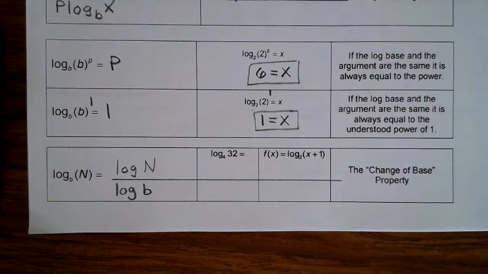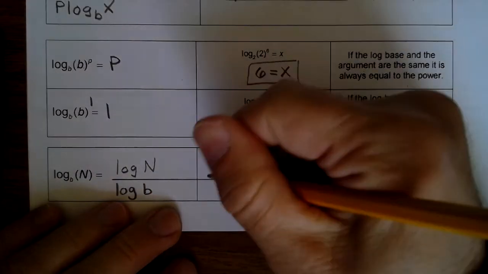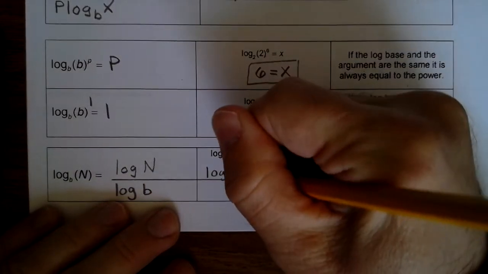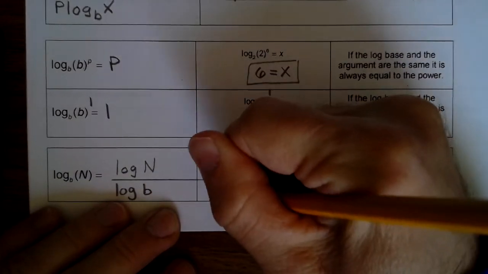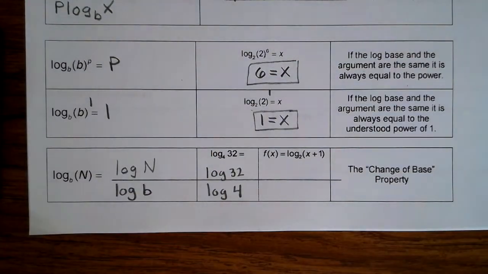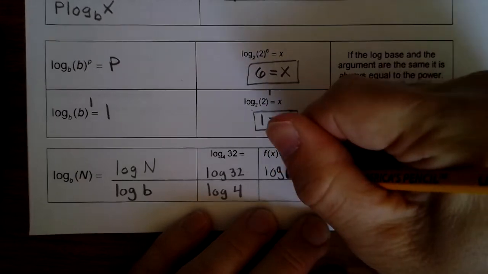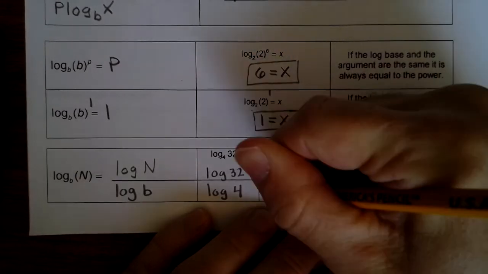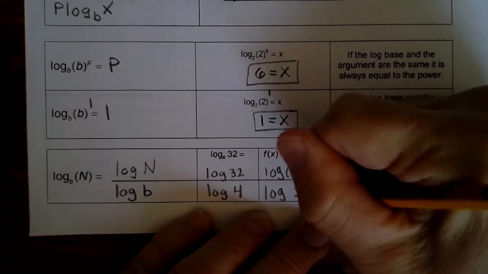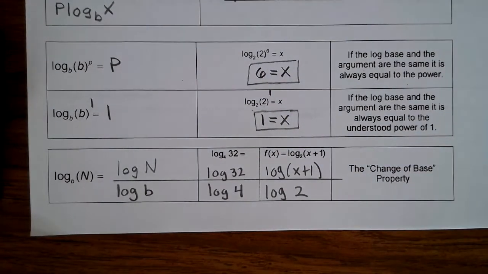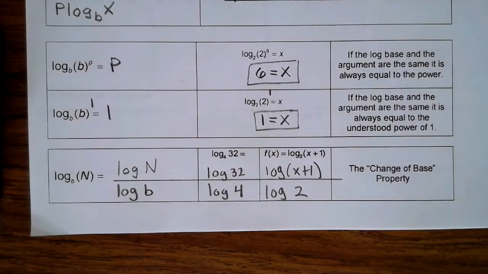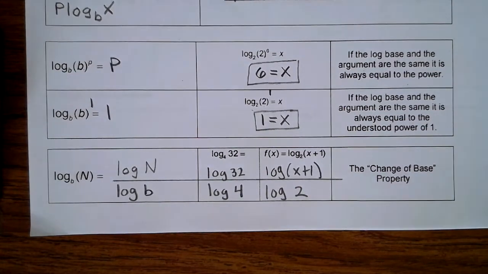All right, same thing here, log of 32 divided by log of 4. And log of x plus 1 divided by log of 2. And that's the change of base property. All right, so let's go and finish that up.